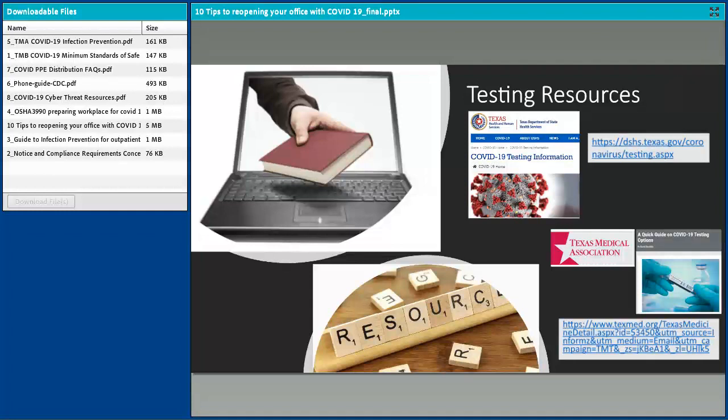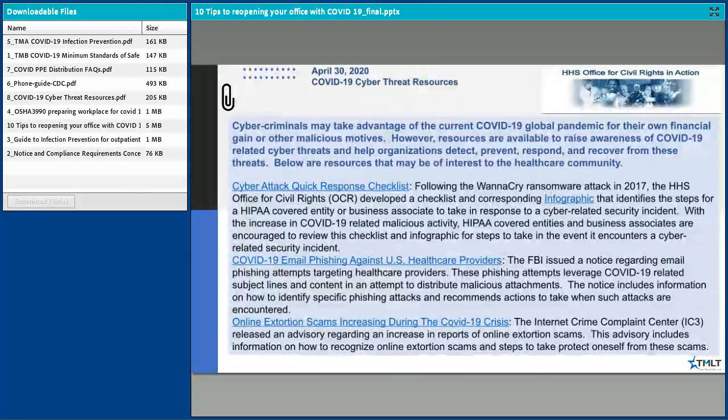Additionally, we wanted just to point out that both the Texas Department of State Health Services and the Texas Medical Association have resources about testing. I would imagine as practices open, you're going to be getting a lot of questions about where can I go to be tested or should I be tested, those types of things. These resources will be valuable to you.